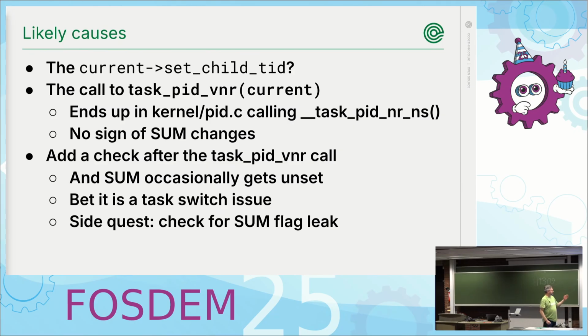So we've gone through, we've written a test case or two, we've worked this out, so we're fairly sure now that the problem is with a task switch. So the RISC-V switching from one thread to another somehow has completely failed to consider that this flag ever needed to be saved.